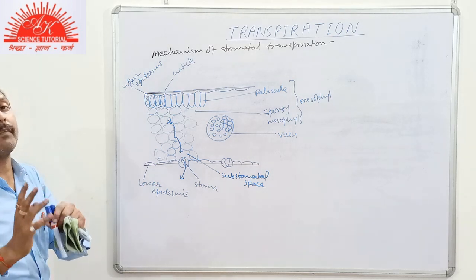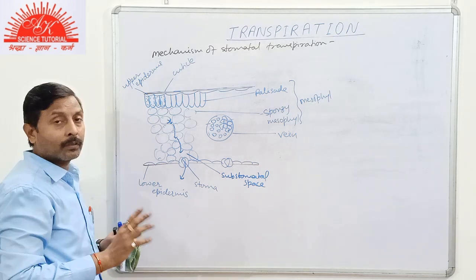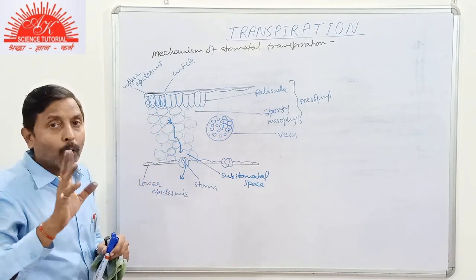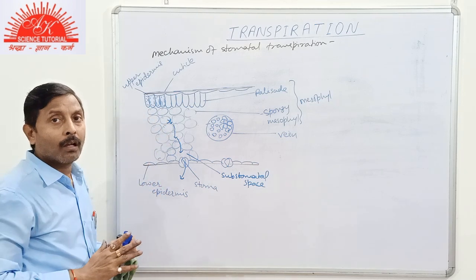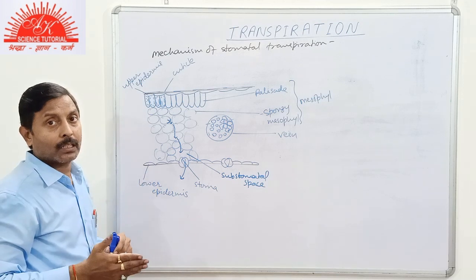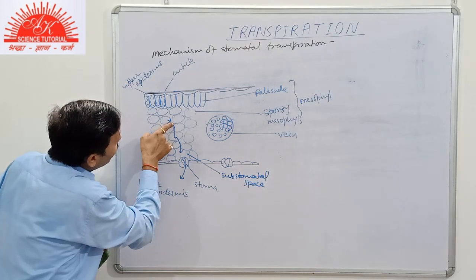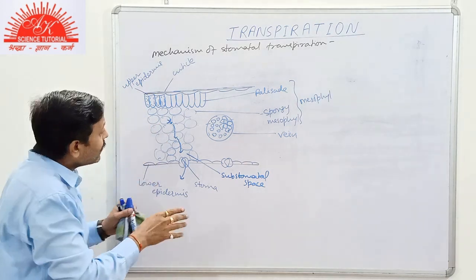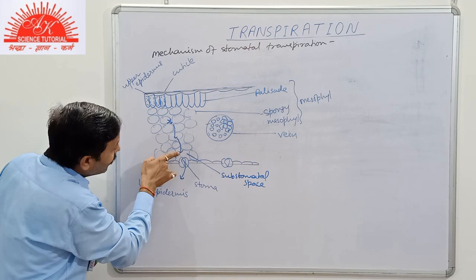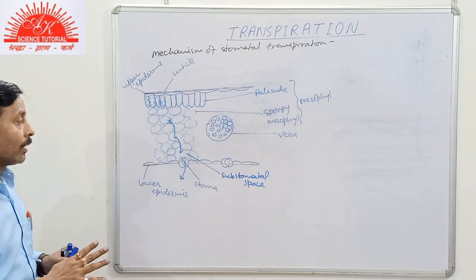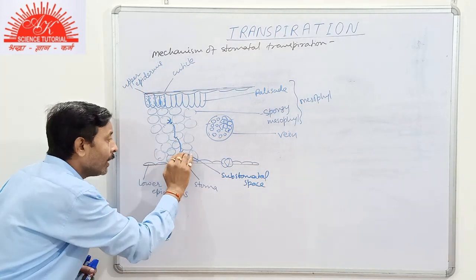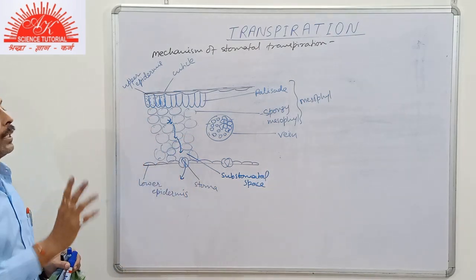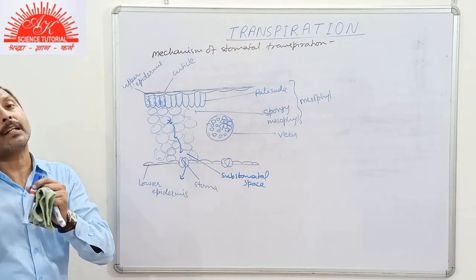Again remember, when we have to write, start from here. From the moist surface of the spongy mesophyll cells, water evaporates, saturating the air in the intercellular spaces. This air then diffuses into the substomatal space, and finally from there it diffuses into the atmospheric air in the form of water vapor.